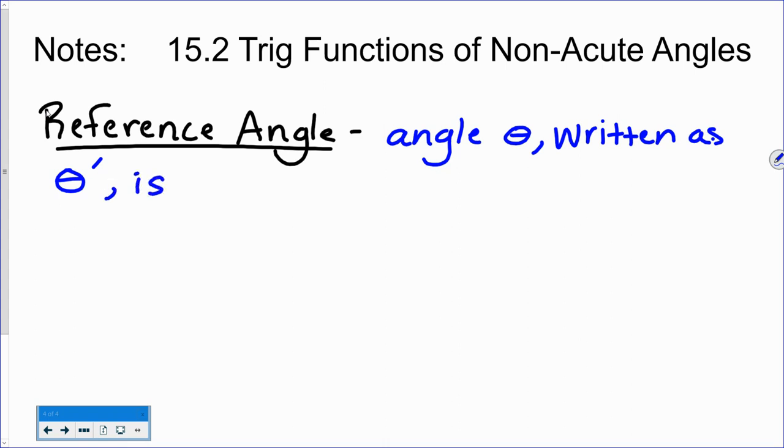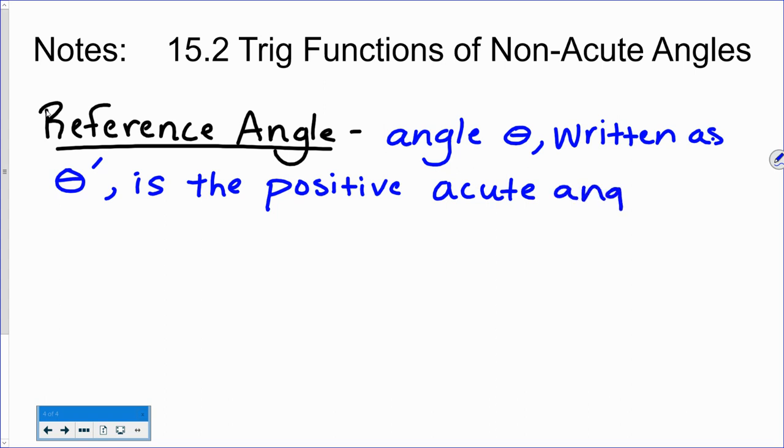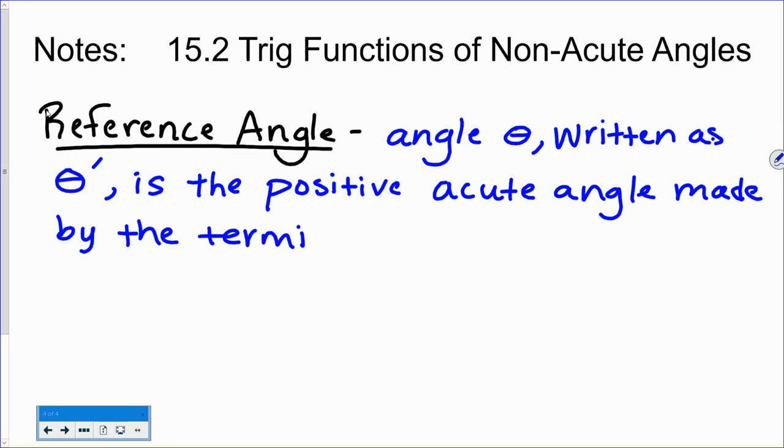And it is the positive acute angle made by the terminal side of angle theta and the x-axis.